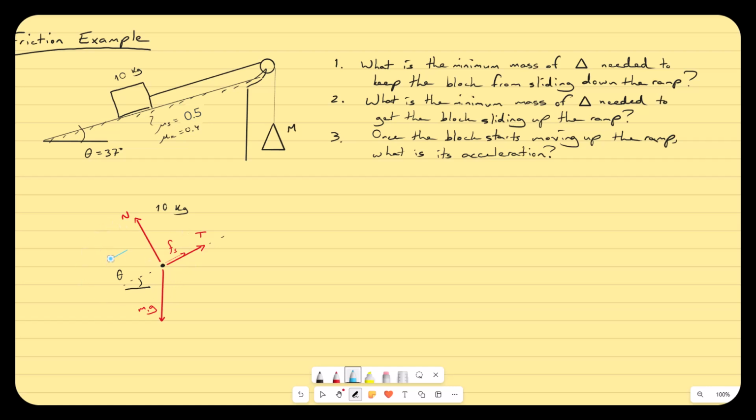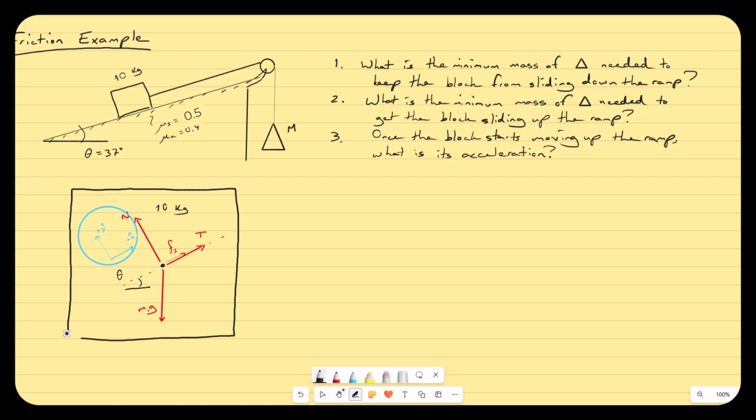So I'm going to say, let's let this direction be my positive x, which means that direction is my positive y. Then I'll put a box around this thing and call that my first free body diagram.